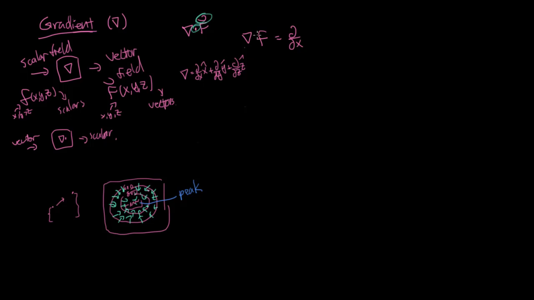So if you apply that to a scalar field, you get d by dx of f in the x hat direction, d by dy of f in the y direction, and d by dz of f in the z direction.